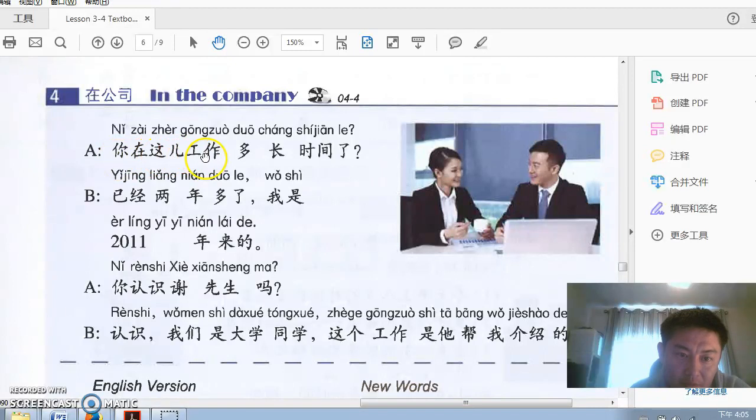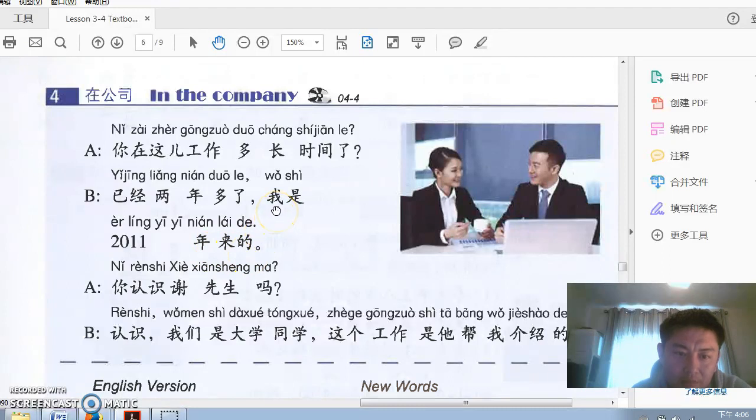You, location, verb, for how long, for the duration of time. 了. And then B says 已经 already 2年多了, so less than 3 years, more than 2 years.